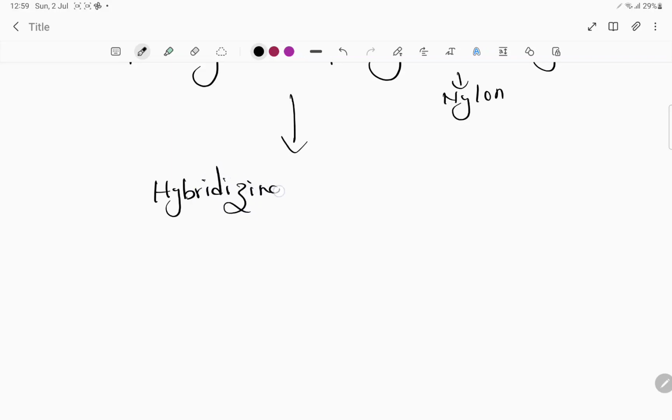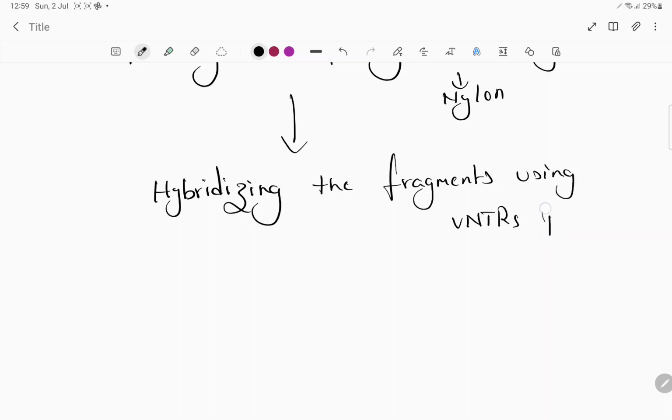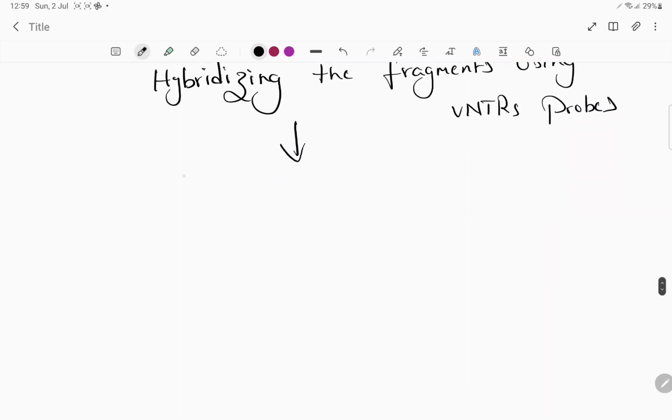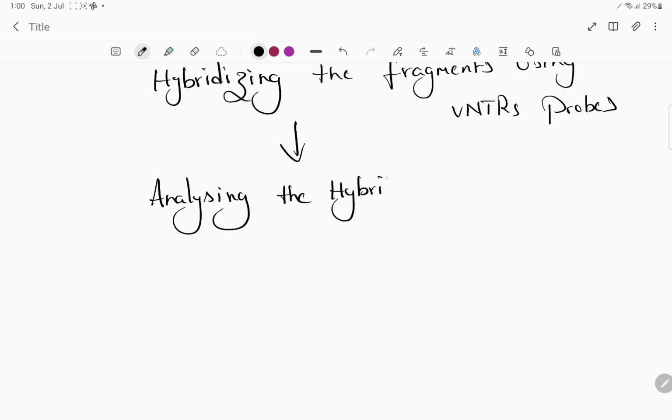Then analyzing the hybridization using autoradiography.